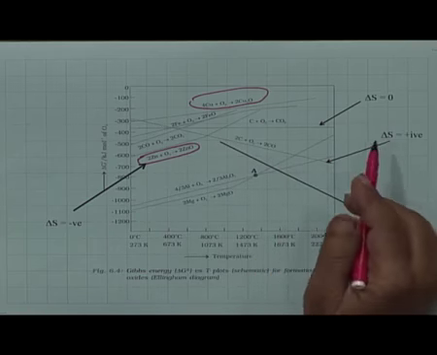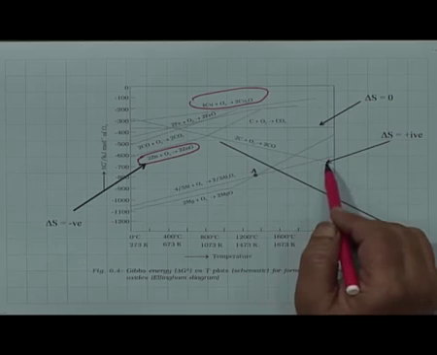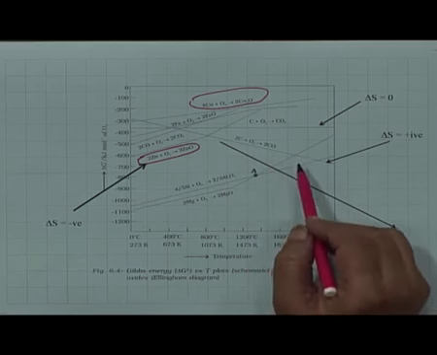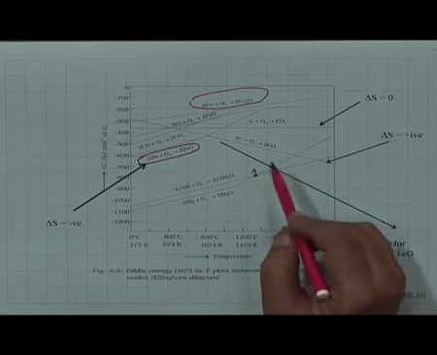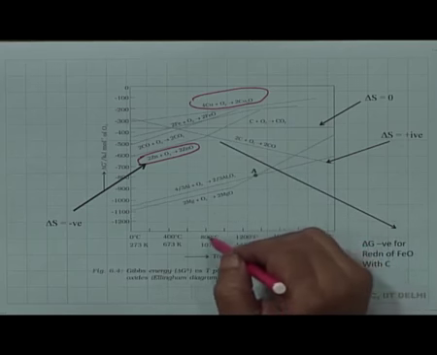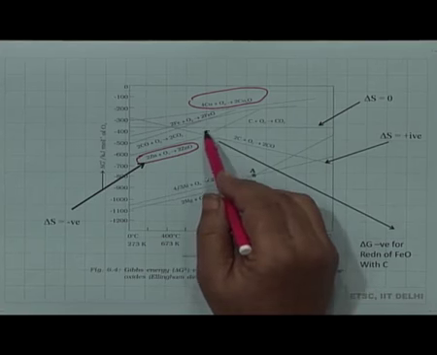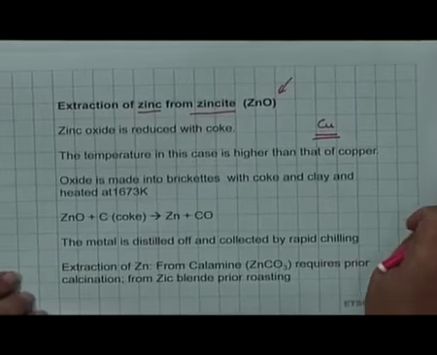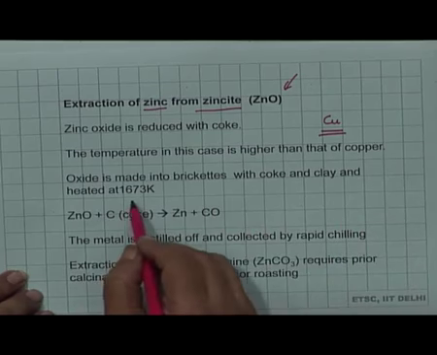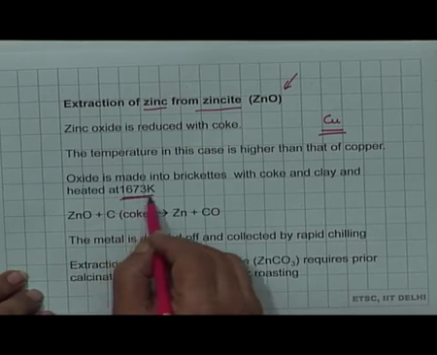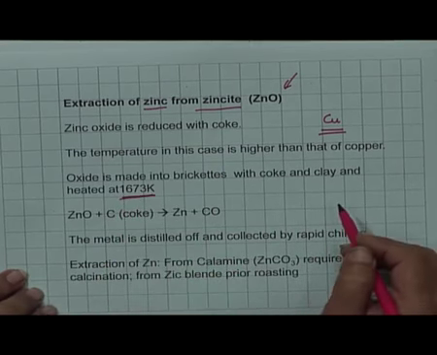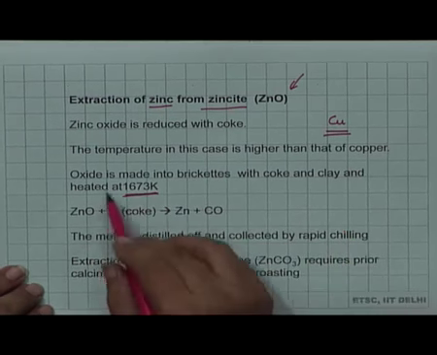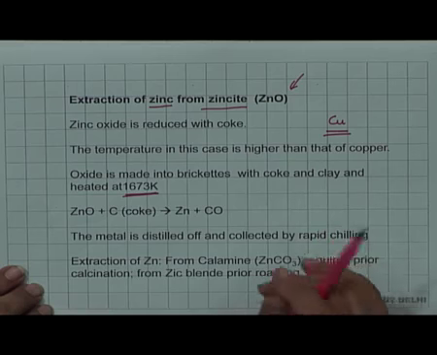This implies that coke or carbon monoxide can be used for reducing zincite to zinc, provided the temperature is above this crossing point, and as a result we use a temperature of the order of 1673 degree Kelvin for reduction of zincite or zinc oxide.